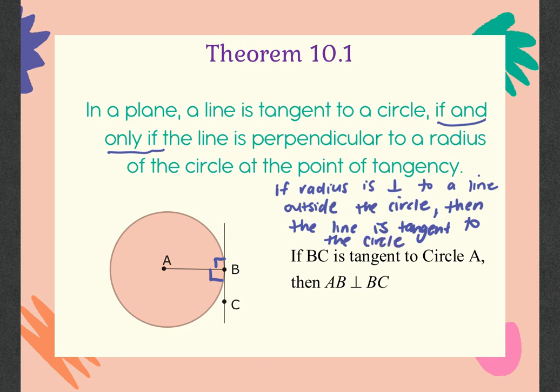So I can use this in two ways. I can use this to find the length of one of those segments by using right triangles, or I can use it to prove BC is tangent to the circle.